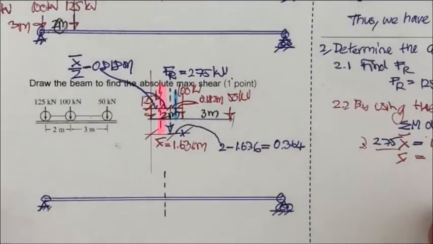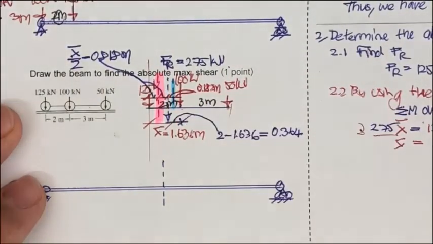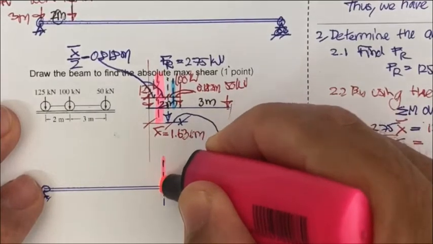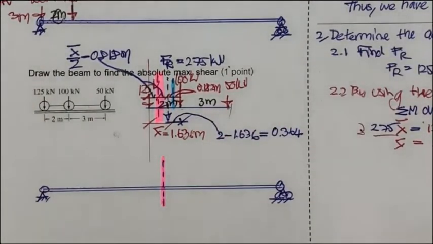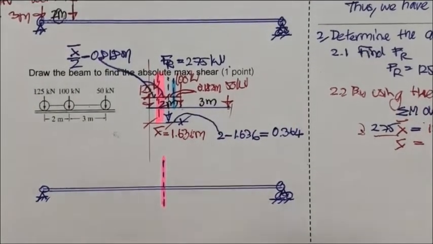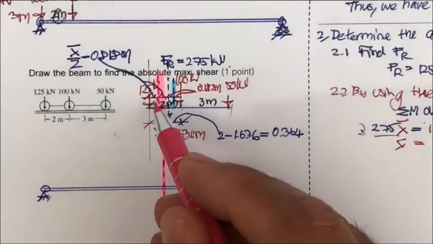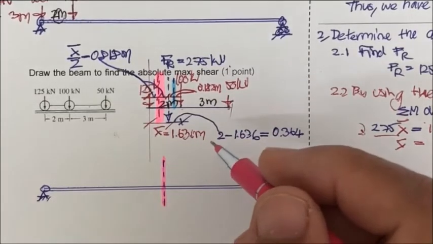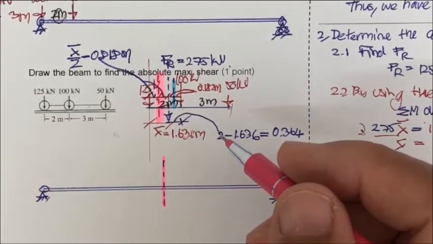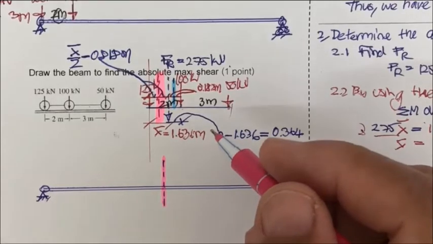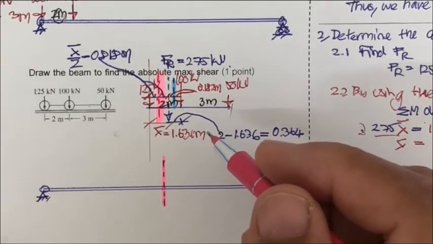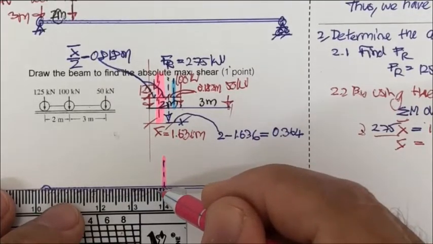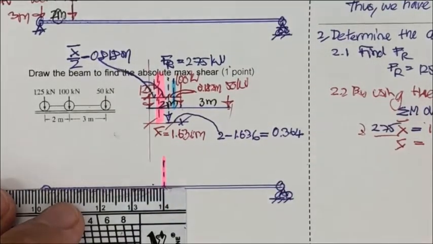For the first case, we will put the blue line here. When you put the blue line here, that means you're going to measure 0.818 to the left. So we put 0.818 to the left. That is going to be very small. Let me put this one here.